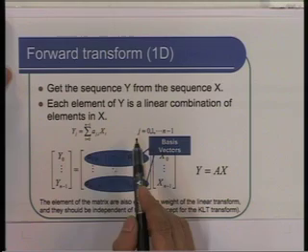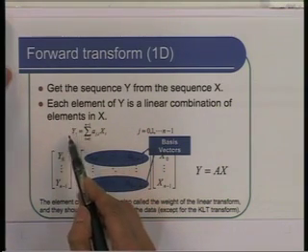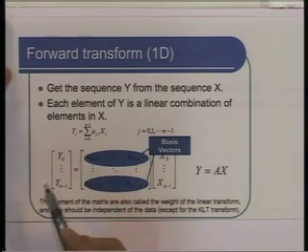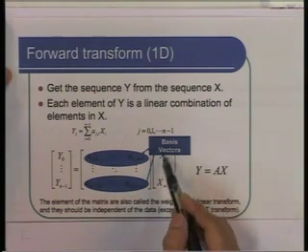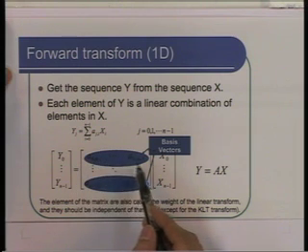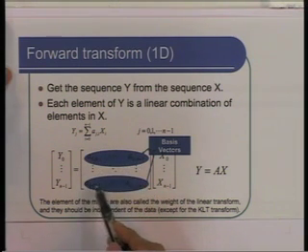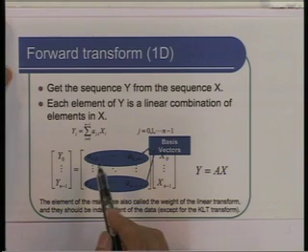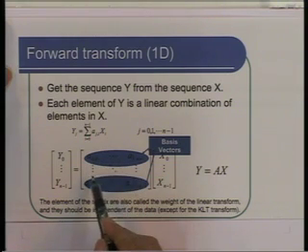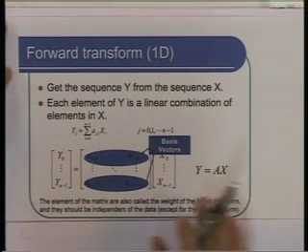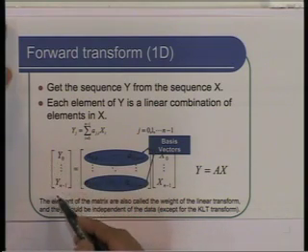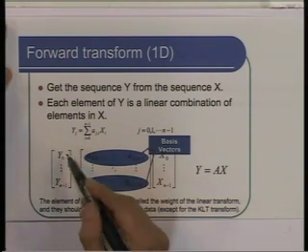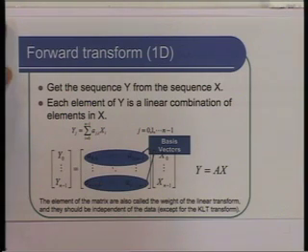So, we see that the transform values are actually the coefficients of an expansion of the input sequence in terms of the rows of the transform matrix. That is why the rows of this transform matrix are often referred to as the basis vectors of the transform, and the elements of the transform sequence are often called the transform coefficients.